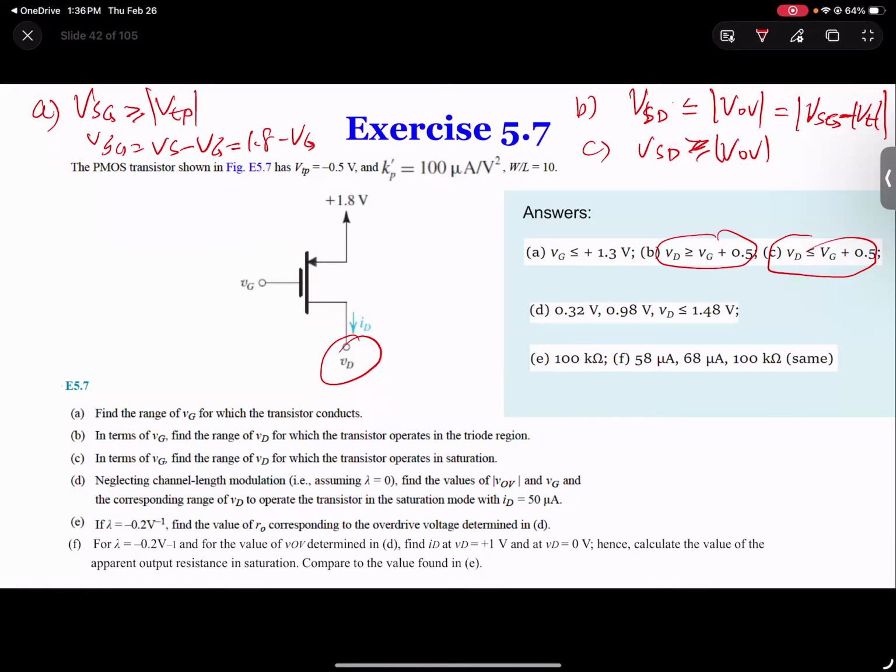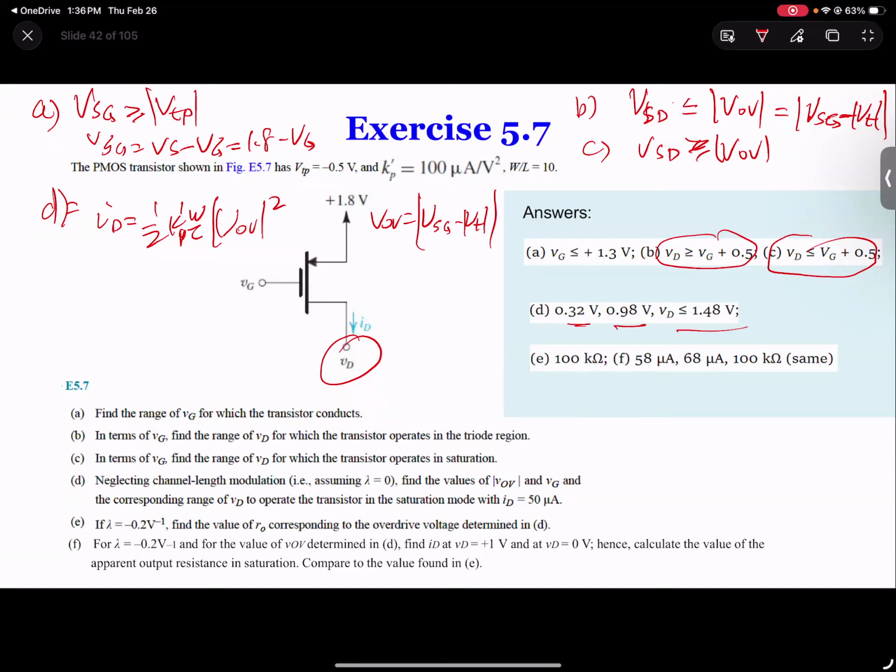So to do that, because you know it's in saturation, you know that ID is equal to 1/2 Kp W over L times VOV squared, and VOV is VSG minus VT, right? So you plug in the numbers: ID is given, W is given, Kp is given, L is given, so you should be able to find VSG. Okay, so we found VSG is 0.328 volts, and all these numbers now you find.